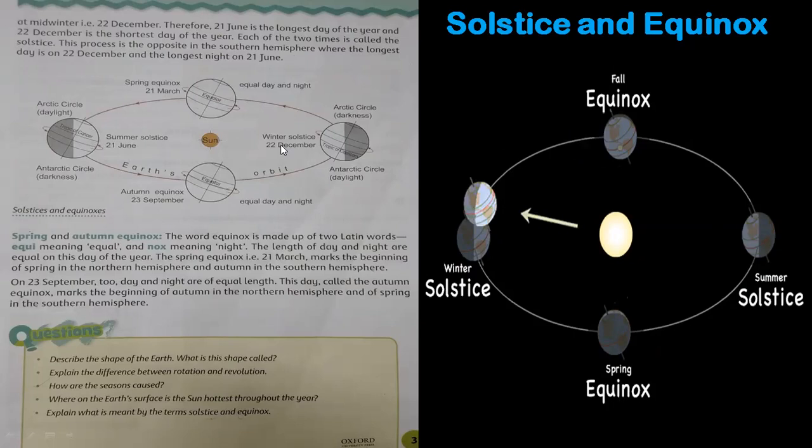And the second one, we have winter solstice, and we have the longest day, 22nd December, shortest day, 22nd December, for the southern hemisphere in winter solstice. Over here, up over here, we have spring equinox, 21st of March, and down autumn equinox, 23rd of September.